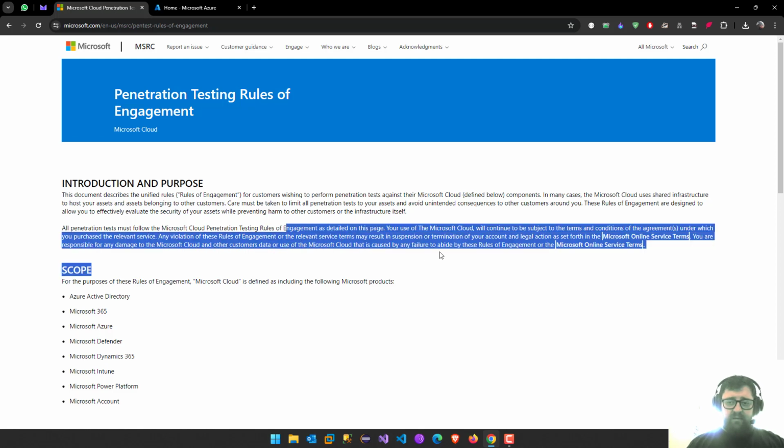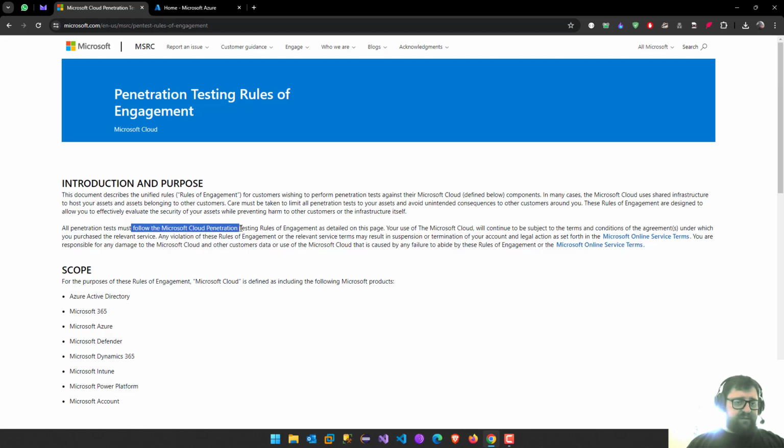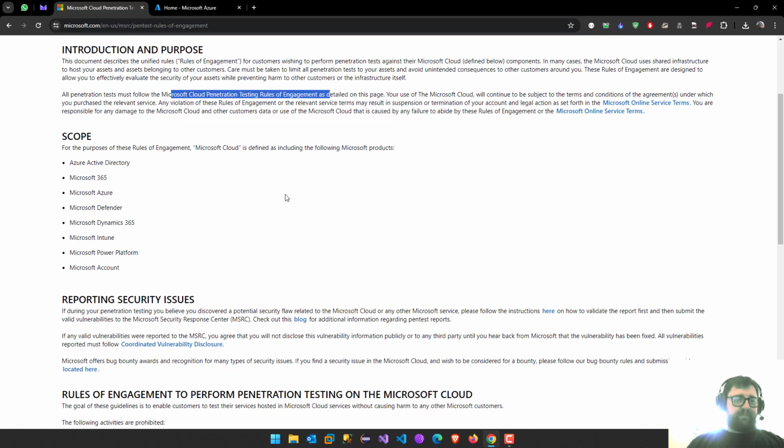Well, all penetration tests must follow the Microsoft Cloud penetration test rules of engagement. And then here we have the scope. For the purpose of these rules of engagement, Microsoft Cloud is defined as including the following Microsoft products: Microsoft Active Directory. Obviously, this has not been updated yet, because there is no Microsoft Active Directory anymore.